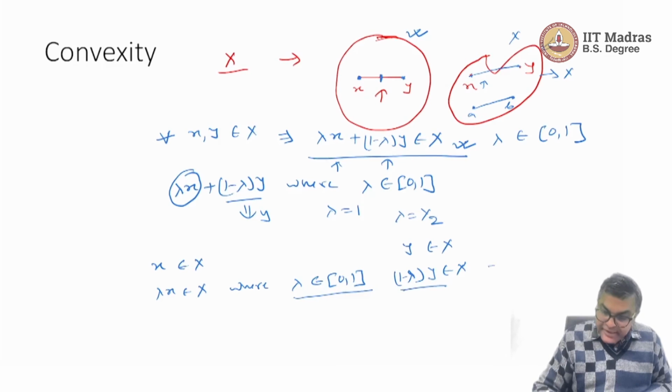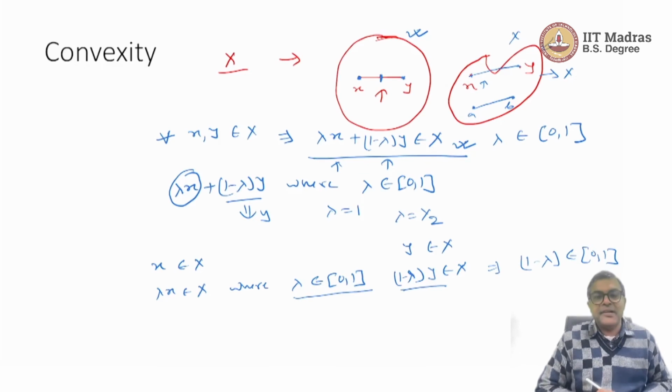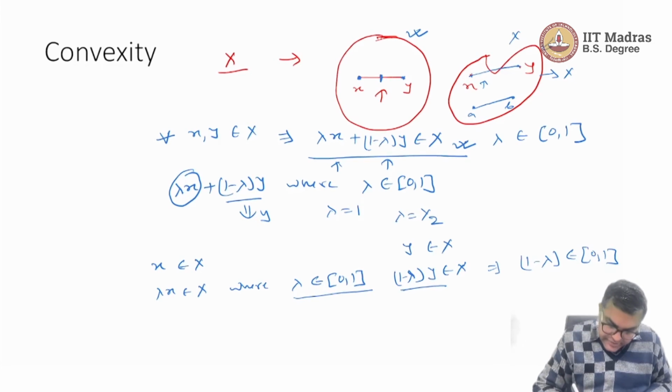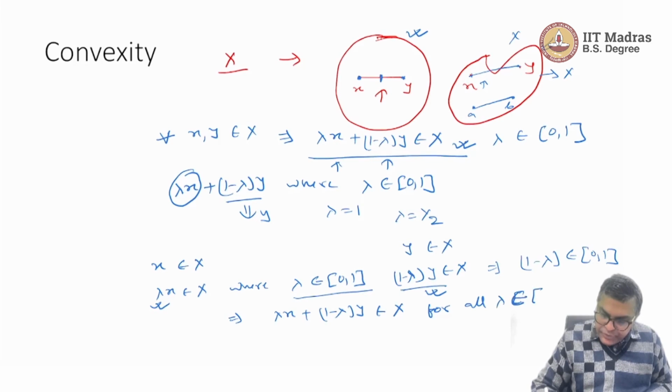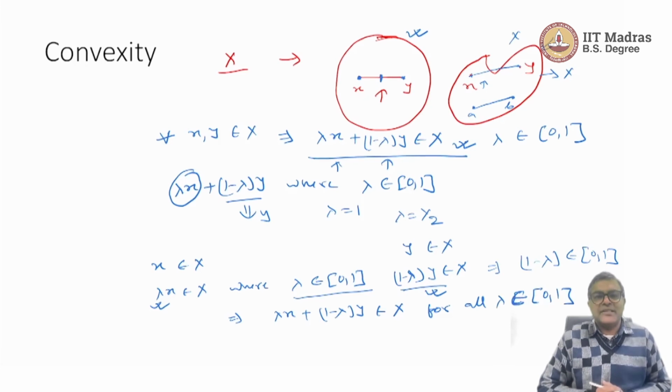Because divisibility assumption says here 1 minus lambda is between 0 and 1. So, divisibility assumption would allow that, and because this can be consumed and this can be consumed, additivity would say that this can also be consumed for all lambda between 0 and 1, and that is why convexity assumption gets satisfied whenever we have additivity and divisibility.